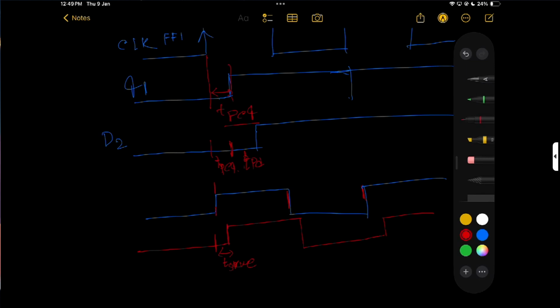T skew is nothing but the difference between T1 and T2. Suppose my clock comes at 0 seconds, but after 2 nanoseconds the clock 2 occurs at flip flop 2. So this is basically like that.